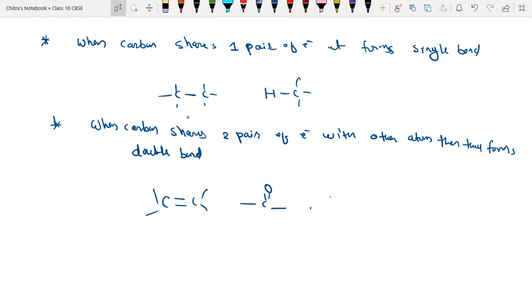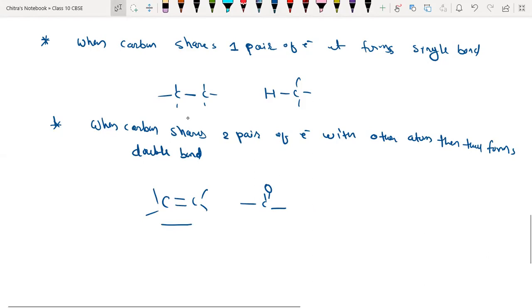Maybe a carbon-oxygen double bond, which is called the carbonyl group.